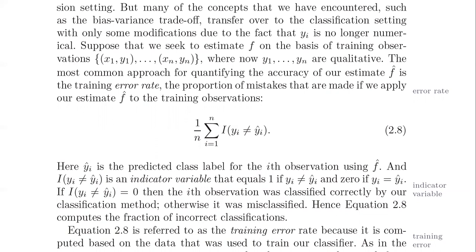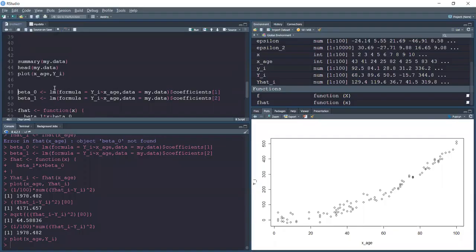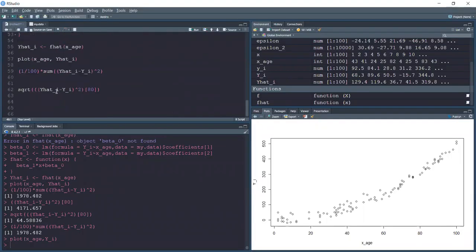That's a classification. Suppose that we seek to estimate F on the basis of training observations, which we're indexing from 1 to n, where now y1 until yn are qualitative, meaning forget about subtracting in such a situation.